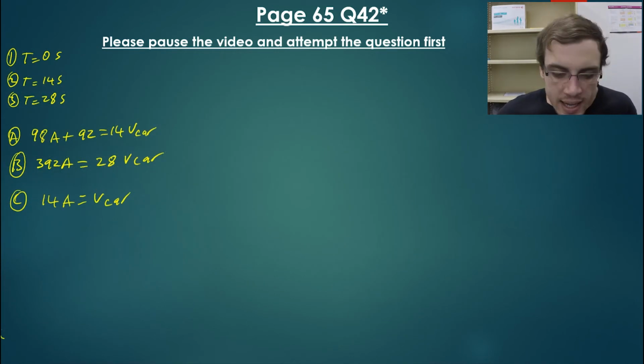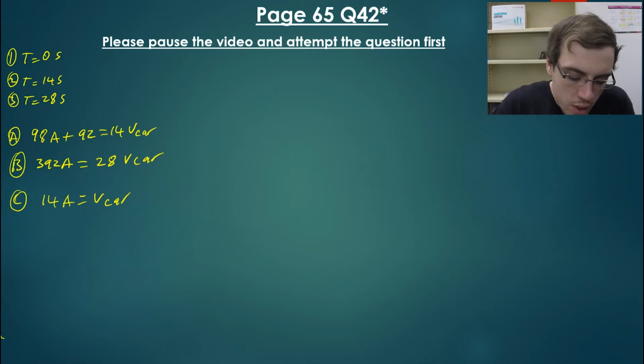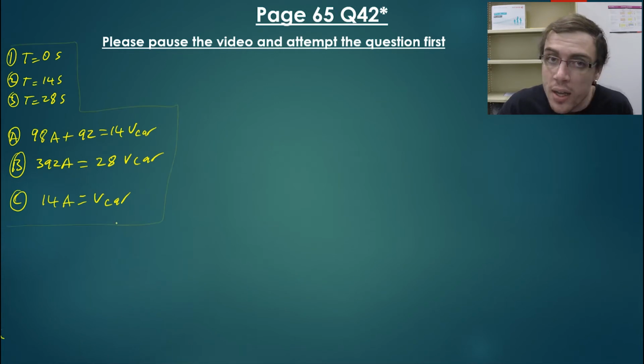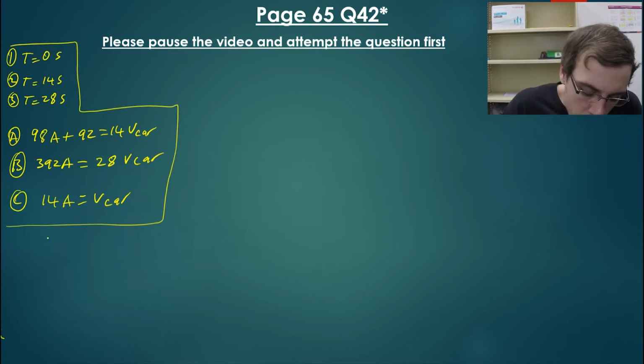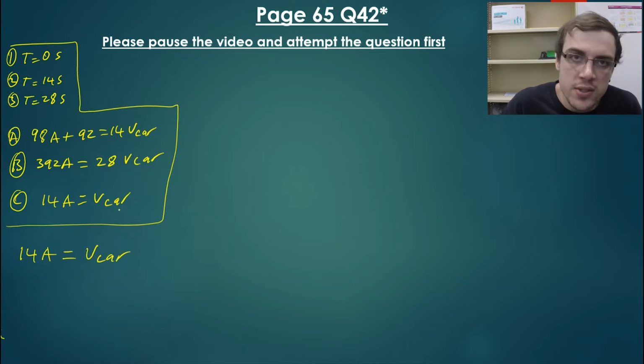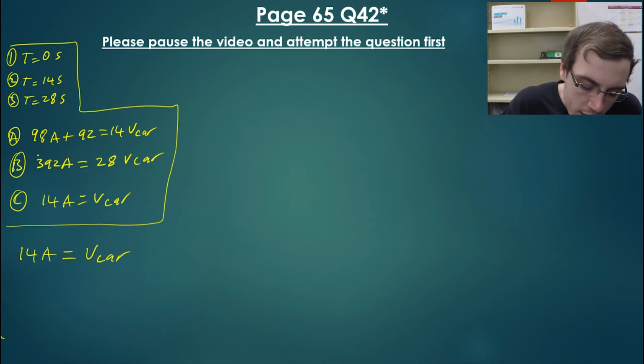Now what we've done here, by using a lot of math rearranging, is determine that the acceleration of the train is 14 times greater than the velocity of the car. So we know that 14A is equal to the v car. So 14 times greater in terms of acceleration when compared to the velocity. So what we do is we compare this to our very first equation over here.